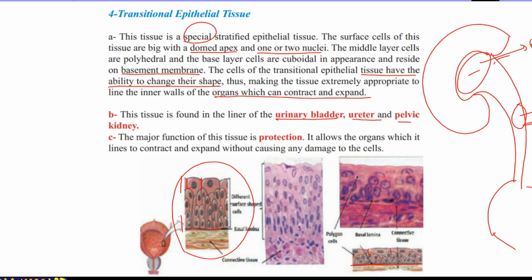The thickness decreases, but the length of the tissue increases to the two sides, with contraction and expansion. It is all about the specialty of this tissue, which has the ability to change its shape without any damage. Changing shape without damage protects organs like the pelvis, ureters, or bladder.